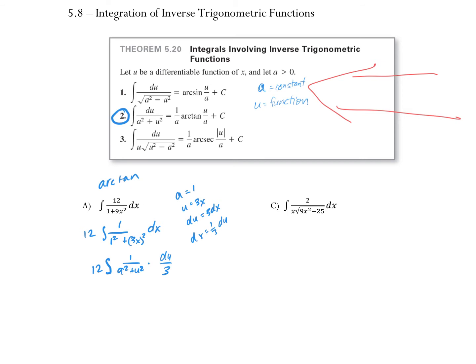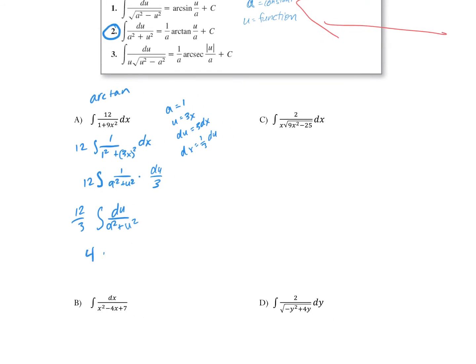Okay, so if we use our rule, we now have 12 over 3 times the integral of du over a squared plus u squared, which gives me 4 times 1 over A arctan U over A plus C. So that becomes 4. 1 over A is just going to cancel out because A is 1. Arctan of 3x plus C.